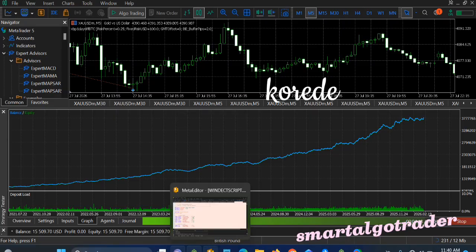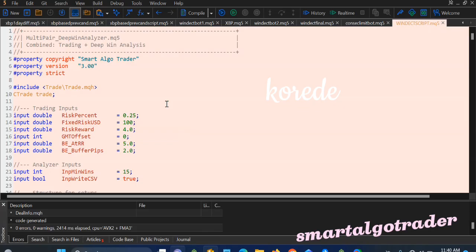You go to your MQL5 here, right here. So this kind of trading bot is mine. It's an advanced one. Look at it here. We have a risk percentage, the percentage of the account that is going to be risked on the trade. If you set it to maybe one, and let's say your account is $100,000, it's going to take $1,000 risk on the trade.